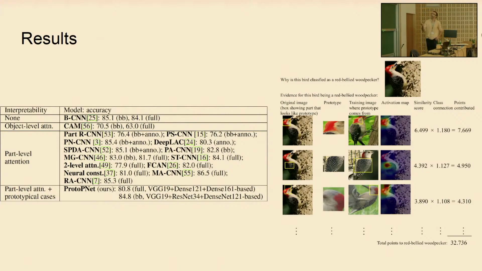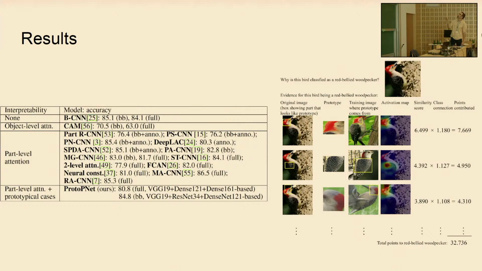And as I said, the authors of ProtoPNet obtained very good results, considering the fact that they also return the interpretability, right? The interpretation of the prediction. And here you can also see how this interpretation looks for a real-world example.